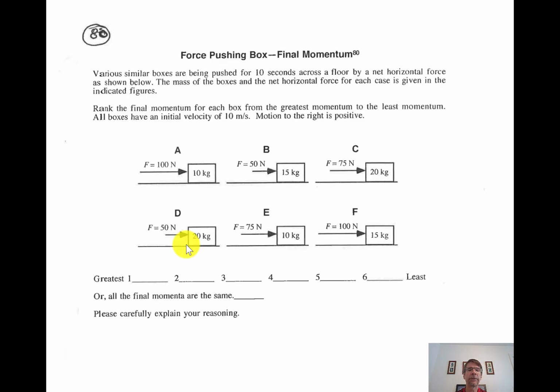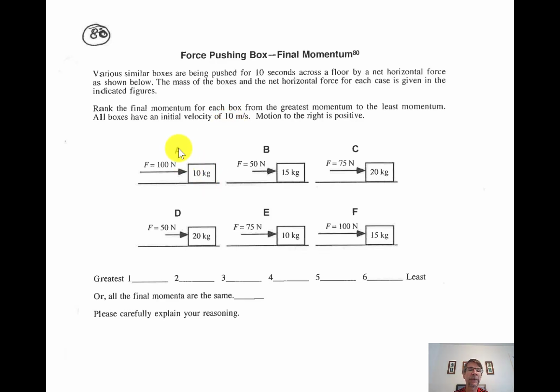So without finishing off the problem for you, what you have to do is actually figure out what momentum they start with. All of these boxes are already moving when the problem is initiated. They're all moving to the right at 10 meters per second.